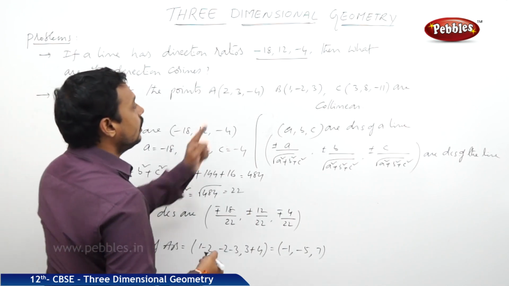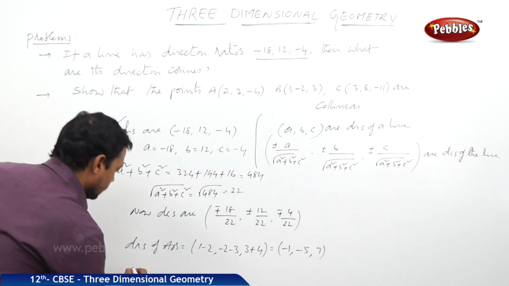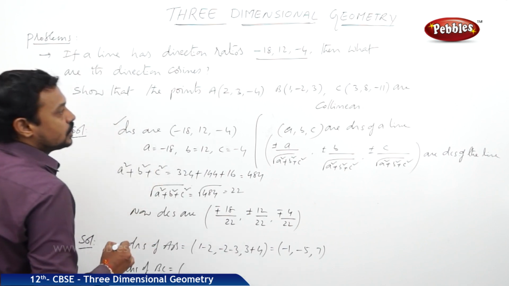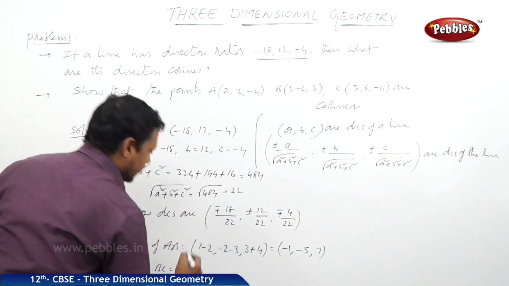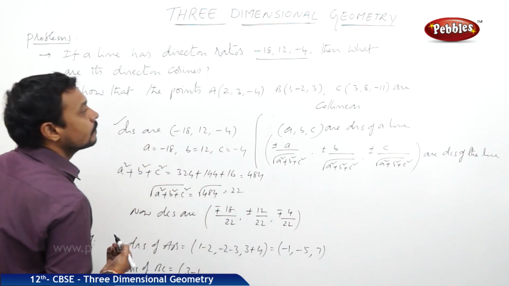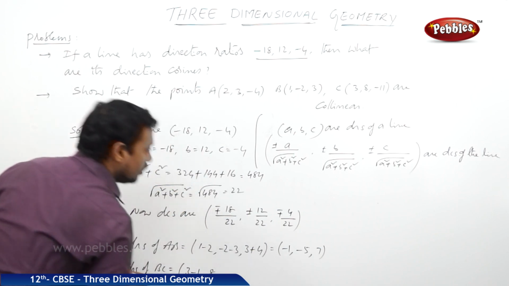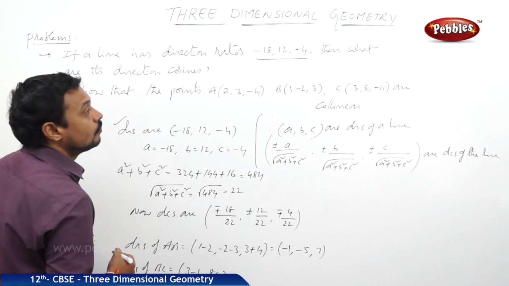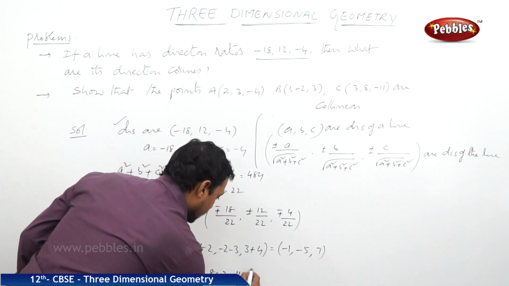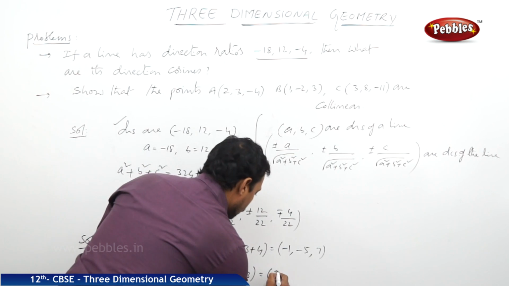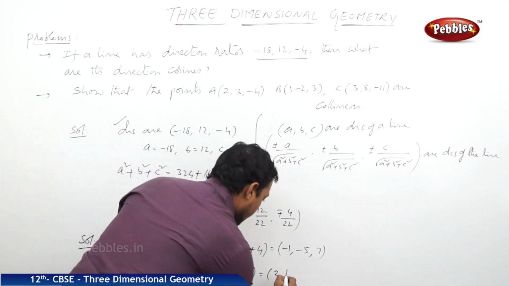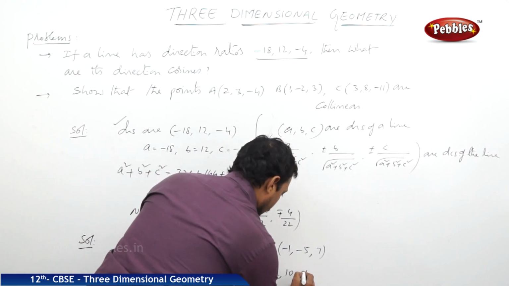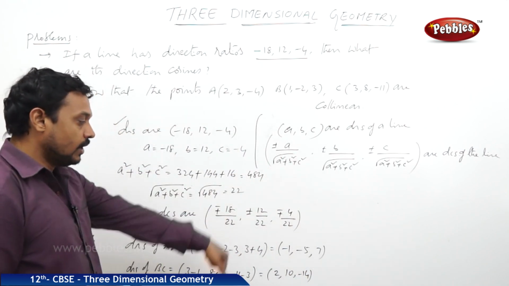Now, what are the direction ratios of BC? The direction ratios are 3 minus 1, 8 minus of minus 2, minus 11 minus 3. They are 3 minus 1 is 2, 8 plus 2 is 10, minus 11 minus 3 is minus 14. Are they equal?